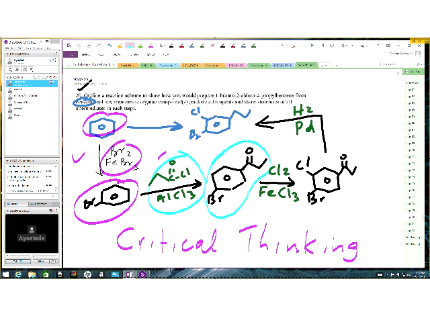And then we did the chlorination, in which we use chlorine in the presence of iron(III) chloride, and we obtain this product right here. And finally, we reduce the carbonyl, the ketone, to the CH2 group to obtain our final product.